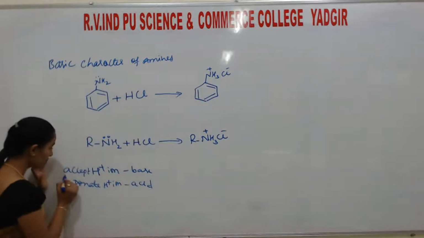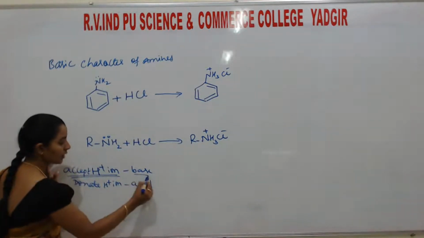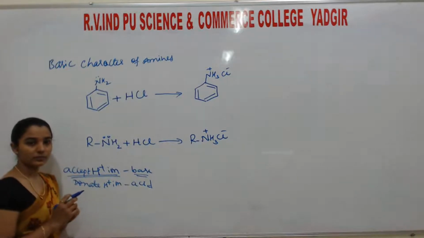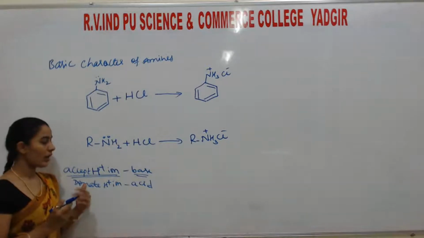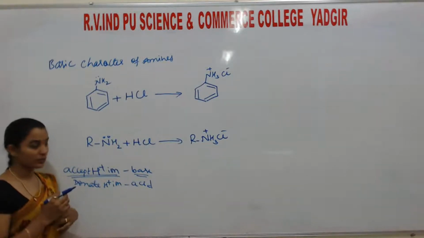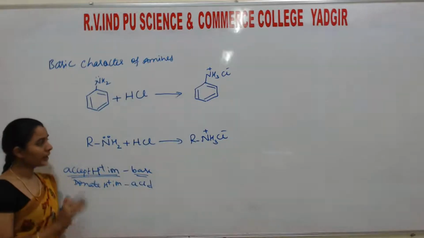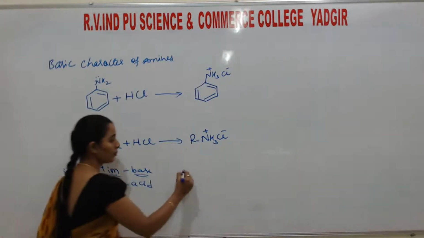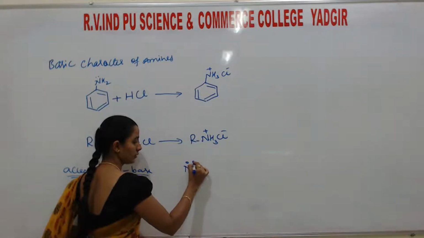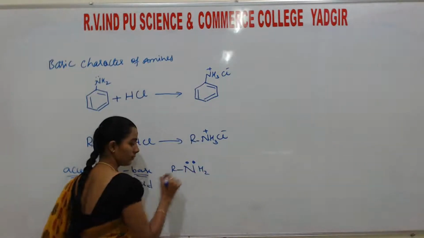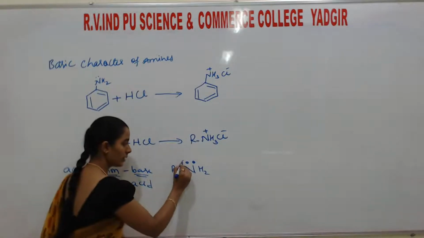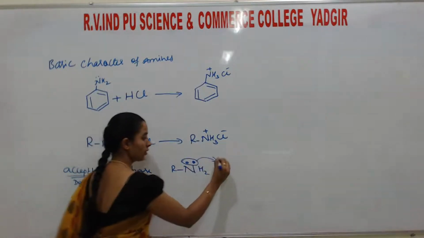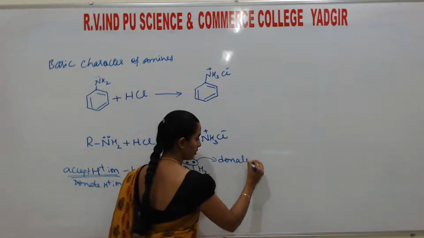The species which accepts H plus ion is called what? Base. Here the amines have the capacity to accept a proton, so they act as Bronsted bases. And another thing you have to remember, here lone pair electrons are there. So this nitrogen has the capacity to donate a pair of electrons.